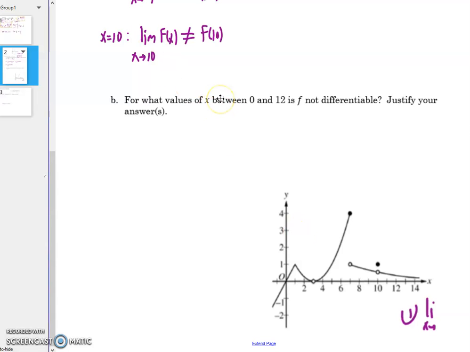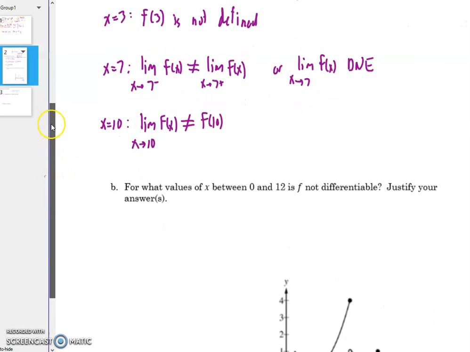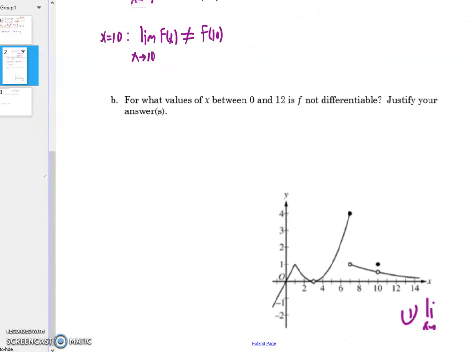So the question here, part B, was where is it not differentiable? And one thing you may or may not remember is that for differentiability, there are 2 requirements. So for f to be differentiable at point A, whatever the point is, f must be continuous at A. That's the first requirement for differentiability.